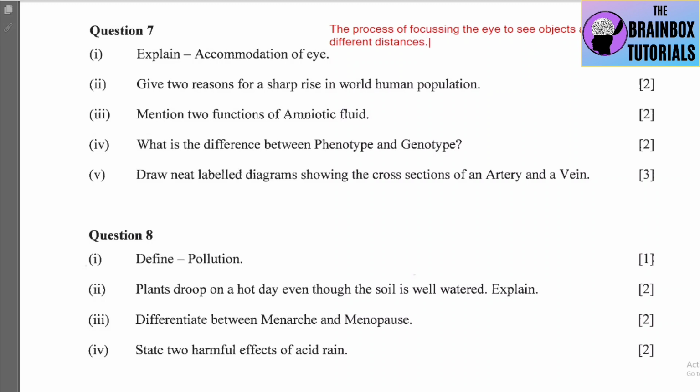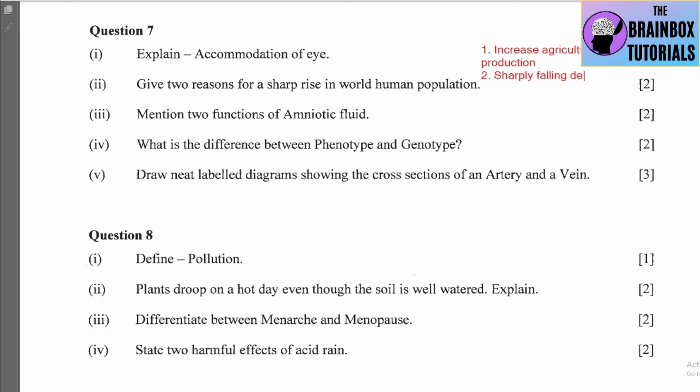Now coming to part 2, give 2 reasons for a sharp rise in world human population. So for 2 reasons, first reason will be increased agricultural production. Second one will be sharply falling death rate due to better public health.